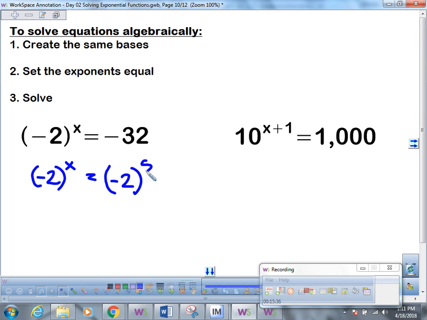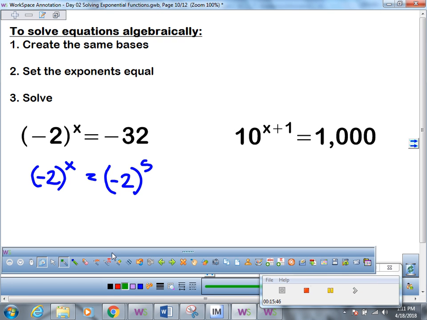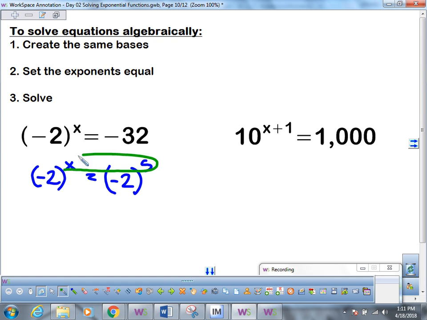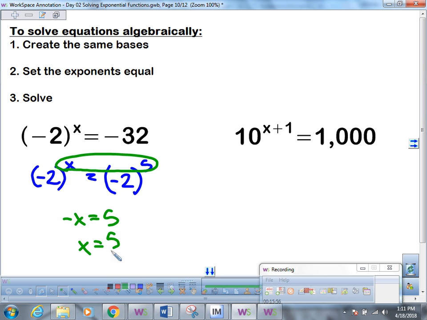Negative 2 to the 5th is the same thing as negative 32. Correct? So now that I have common bases, I can compare exponents. Once those bases match, the exponents have to be the same because there's an equal sign. So negative x equals 5, therefore x must equal negative 5.